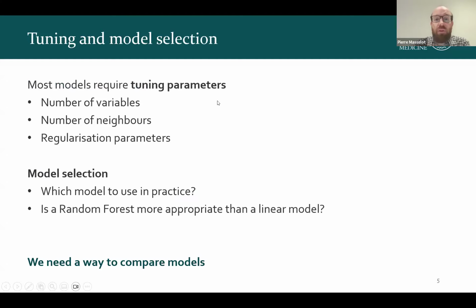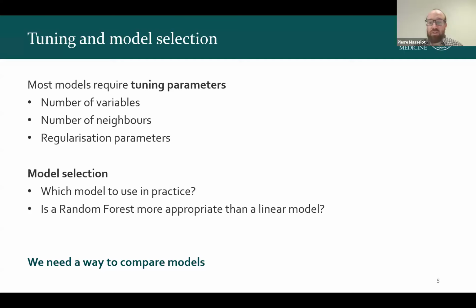And when you want to build a machine learning model, one of the core elements of this objective is really tuning and model selection. Most models, the only exception really being the simple linear regression, will have what we call tuning parameters.